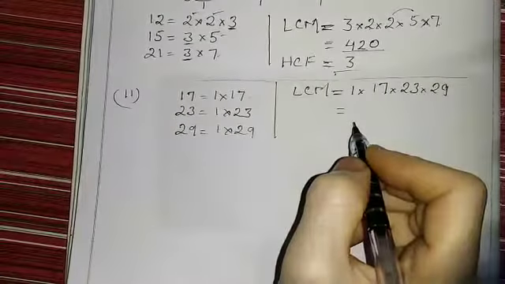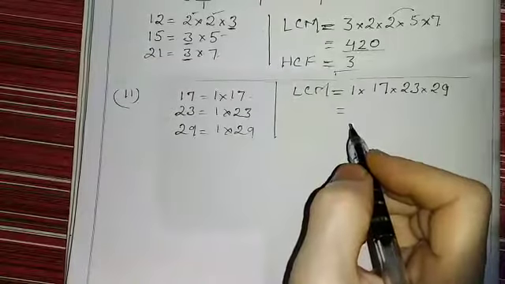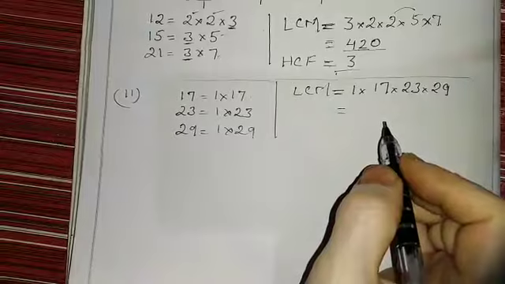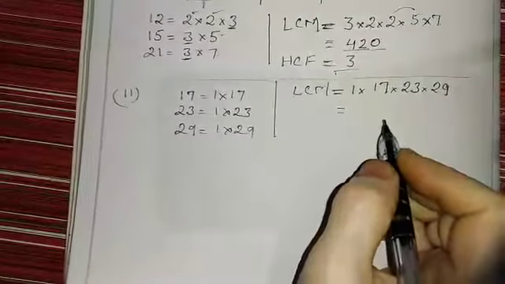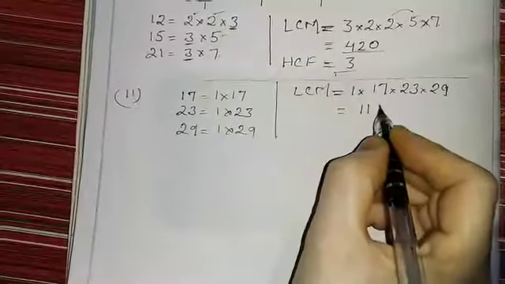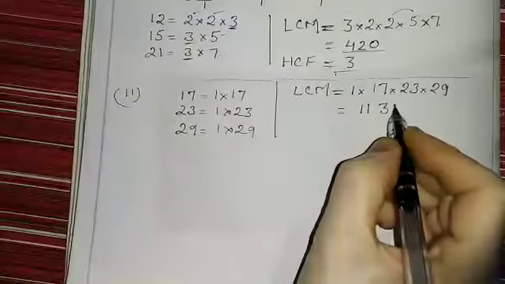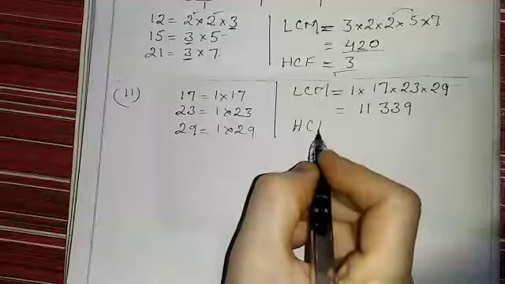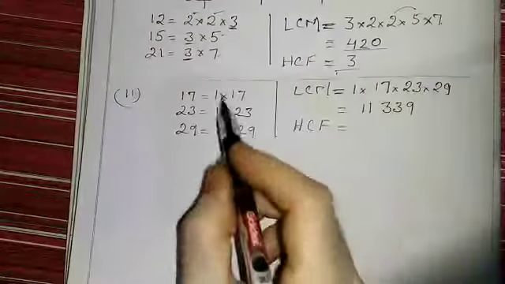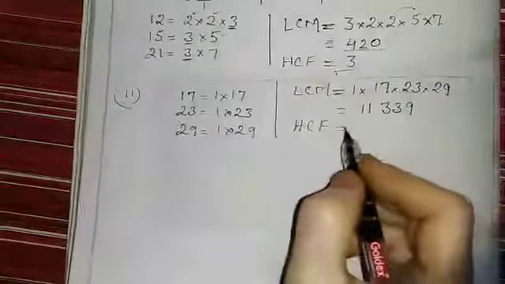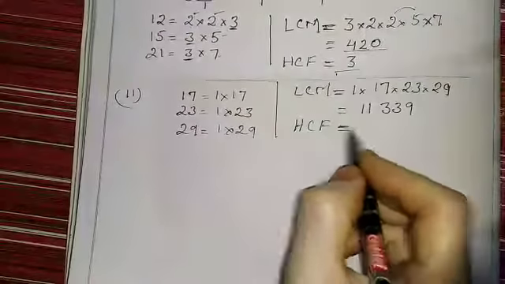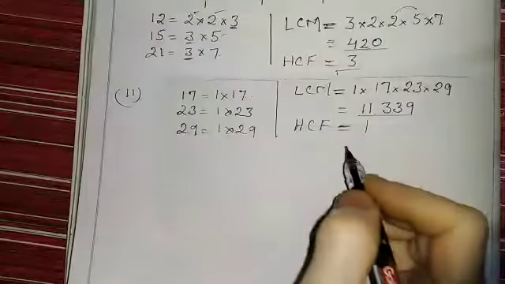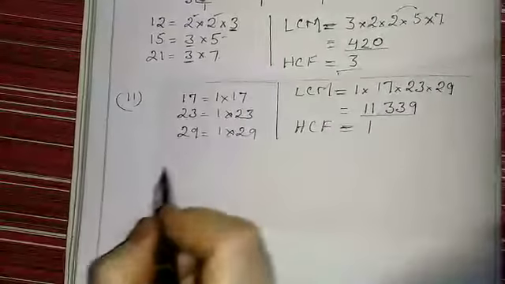If you multiply all these numbers, 17, 23, 29, you will get 11,339. And HCF, the common factor is 1 because 1 is the factor of every number. So HCF is 1. LCM is 11,339 and HCF is 1.